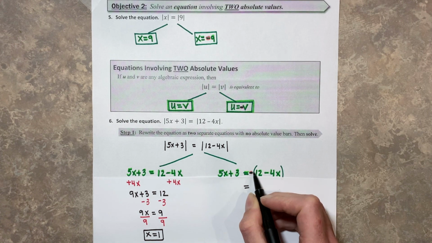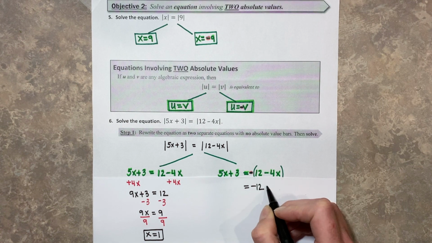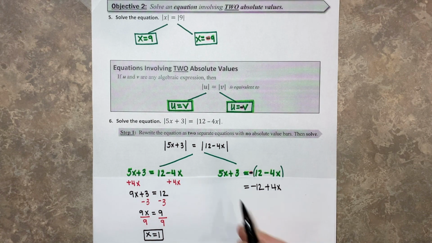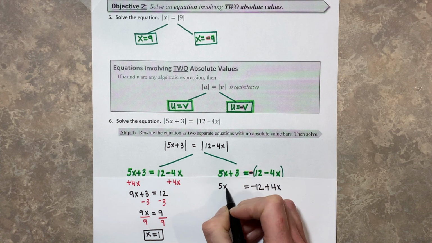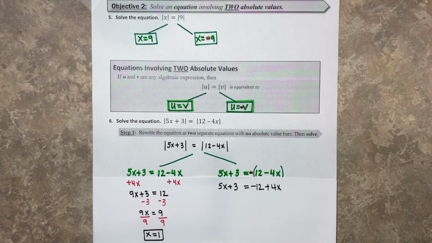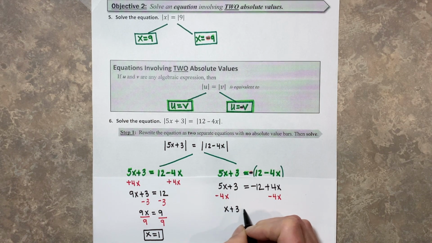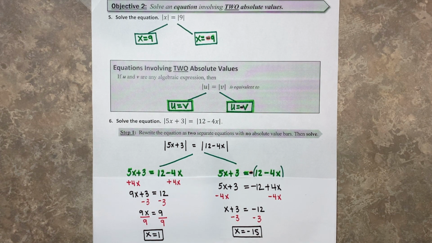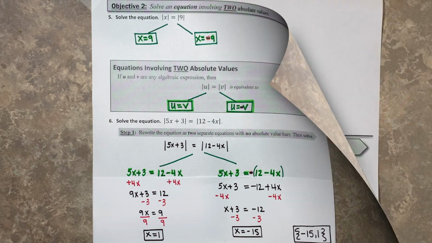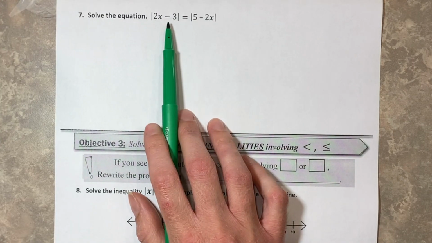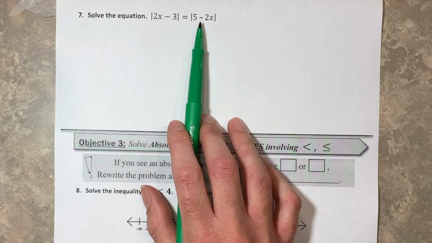That will leave us with negative 12 plus 4x, and then we'll bring down the 5x plus 3, and we'll continue to solve for x. And we get the solution x is equal to negative 15. So we can write our final answer like this, or we can write our final answer in solution set notation like this.